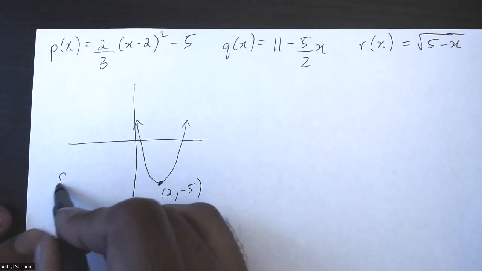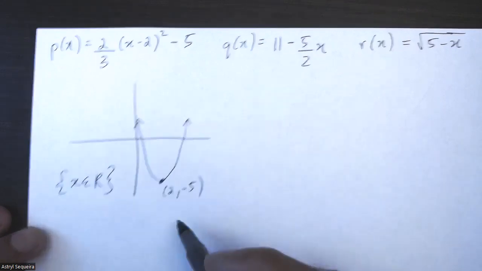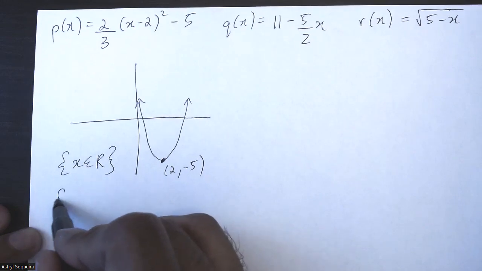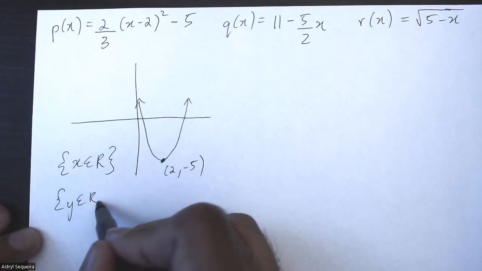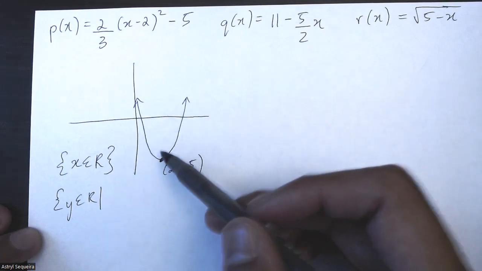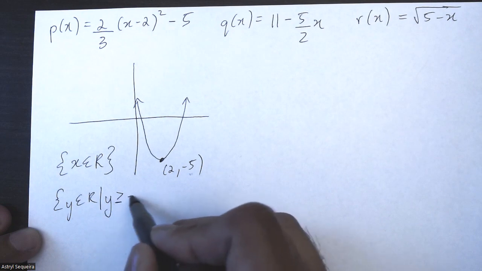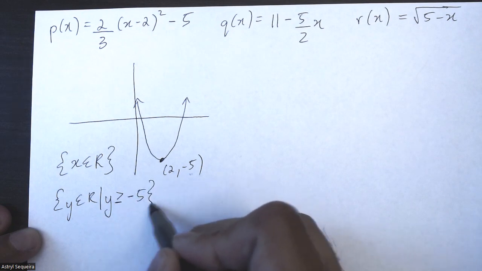And my domain for pretty much all quadratic relations is all real numbers because left and right go towards infinity. My range, my lowest y value in this graph is -5. Every value y takes is above that. So it's going to be y is greater than or equal to -5.